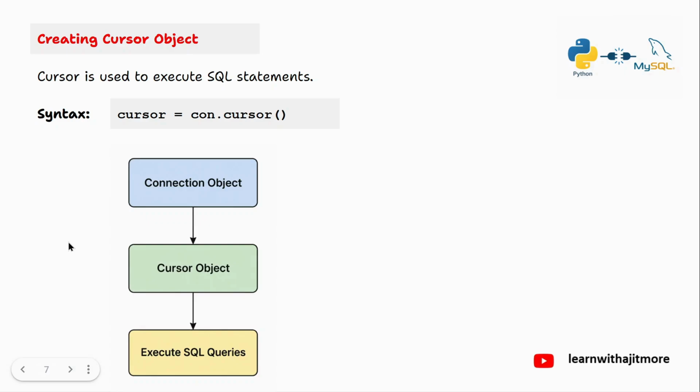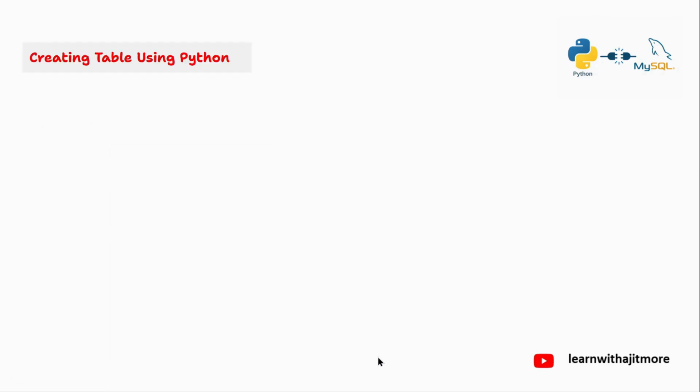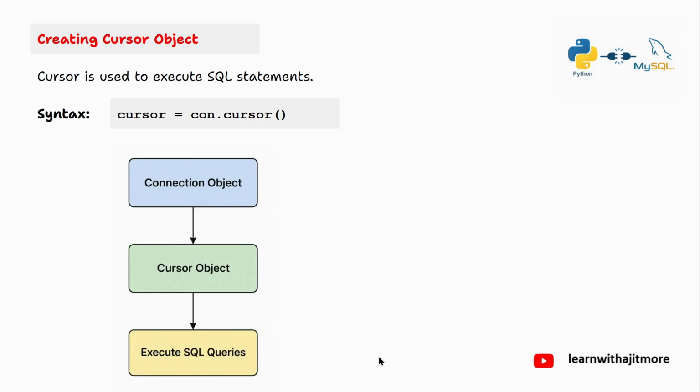In the previous slide, I showed you how to get a connection object: con is equal to pymysql dot connect and pass all the parameters, the host name, the username, password, the database name, and we got a connection object. Using that connection object's cursor method, you will get a cursor object, and using that cursor object, you will execute queries.